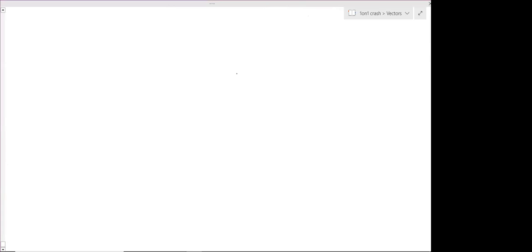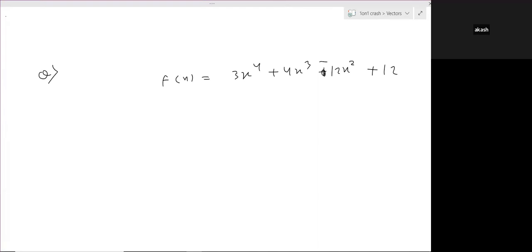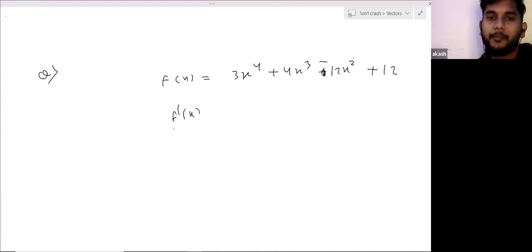Suppose we have f of x equals 3x to the power 4 minus 4x cube minus 12x square plus 12. So again, the first job is to differentiate.